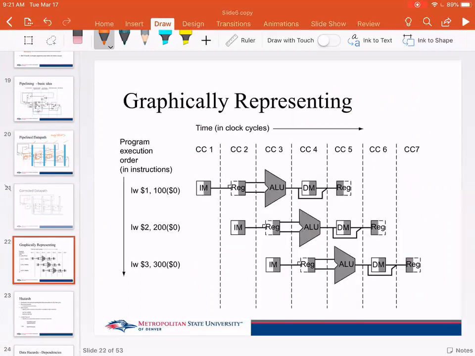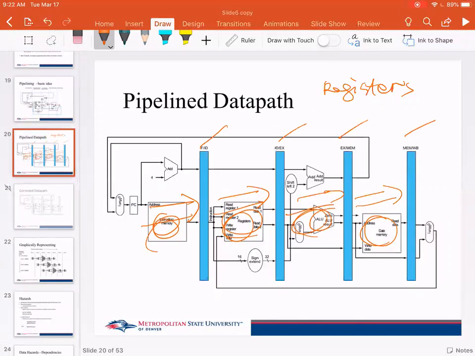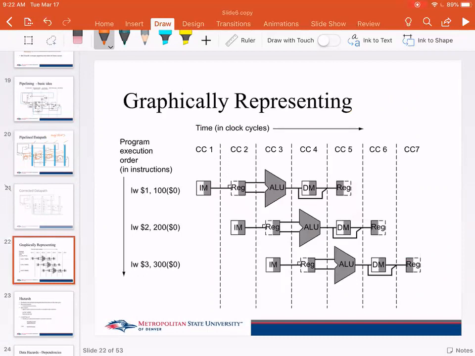Now let's look at how I can graphically represent the whole CPU in a much nicer way compared with this, because this is super complex. Suppose we draw a small IM block as the instruction memory, and REG is the register file.